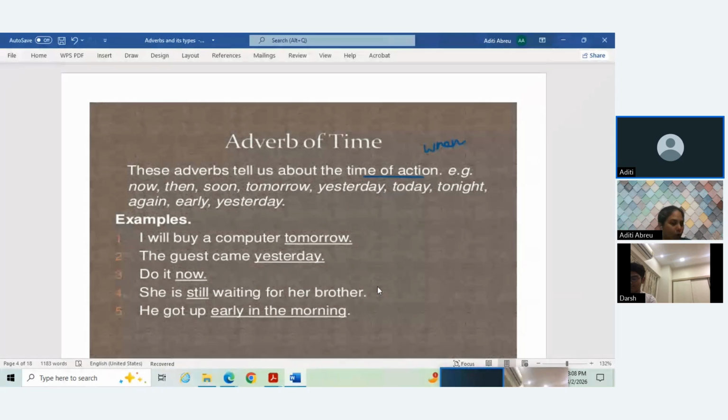So tomorrow is your adverb of time. Here you can take down some of these words: now, then, soon, tomorrow.